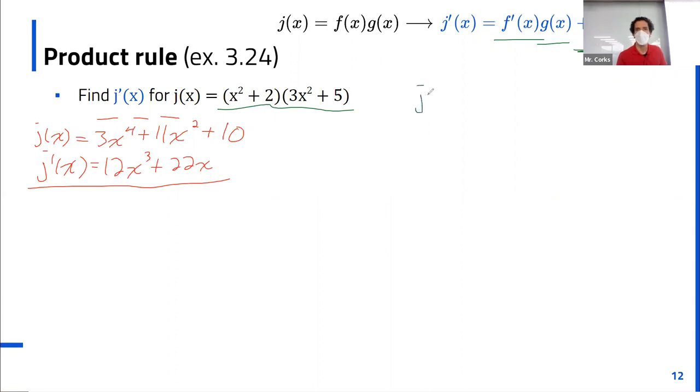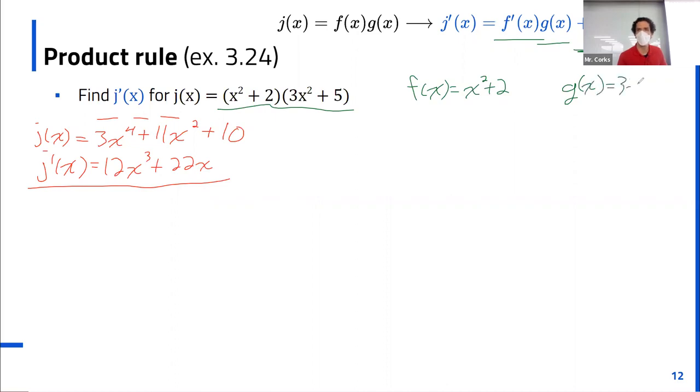So using product rule, j prime of x. Before we get to that, in this example, if we're doing it this way, what would our f of x be? Okay, x squared plus 2. It's the first of the two things multiplied together. And our g of x would be?